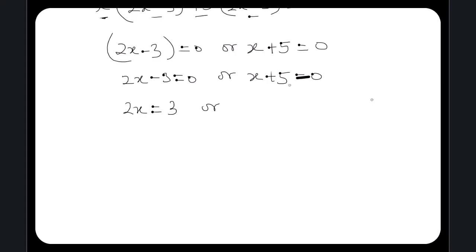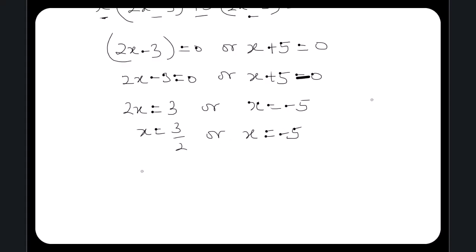Or take 5 to this side of the equation, you have x is equal to minus 5. Am I communicating now? So for here, divide both sides by 2. You're going to have x is equal to 3 divided by 2, or x is equal to minus 5.